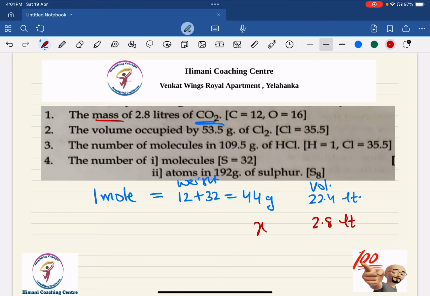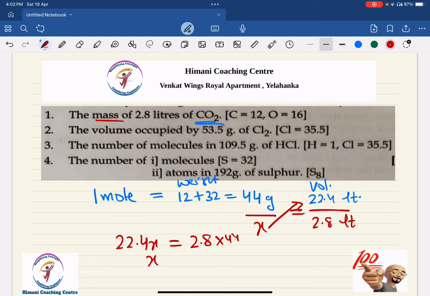So now we are asked, what if we have 2.8 liters of carbon dioxide and they are asking the mass? We will just make a relationship between weight and volume, and it's a direct proportion. So 44 by x equals 22.4 by 2.8. So we have 22.4x equal to 2.8 into 44.